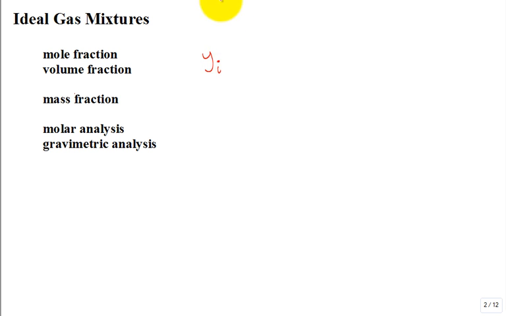It equals the number of moles of that component, let's say argon or CO2, in the mixture divided by the total number of moles of the mixture. I won't add the subscript mix here, but I'm very tempted to. When you see N without a subscript, it's the total number of moles of the mixture.